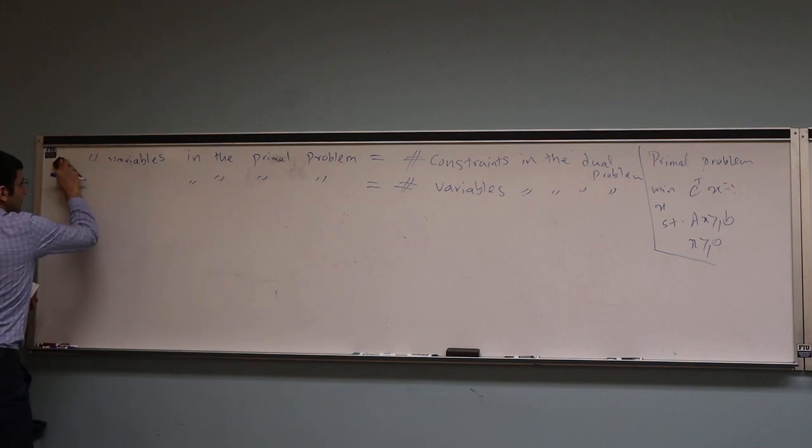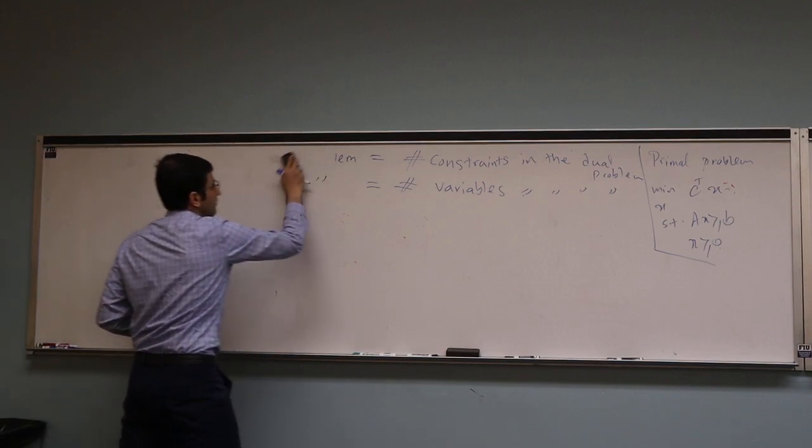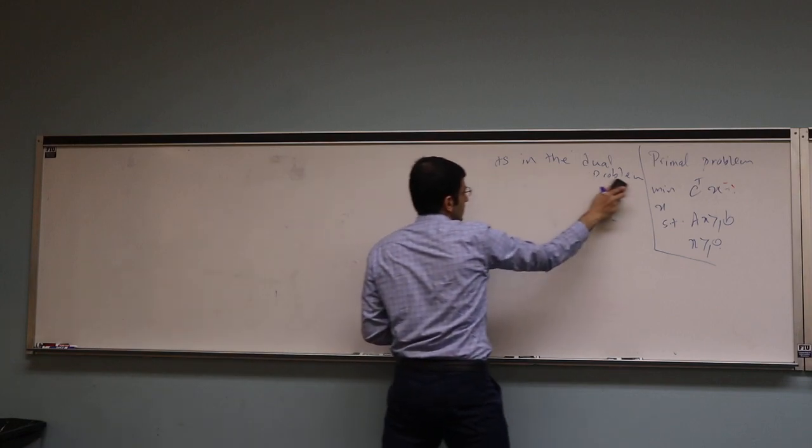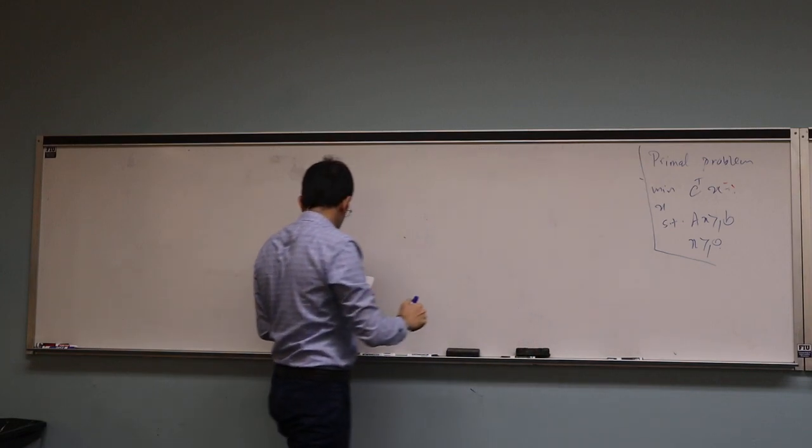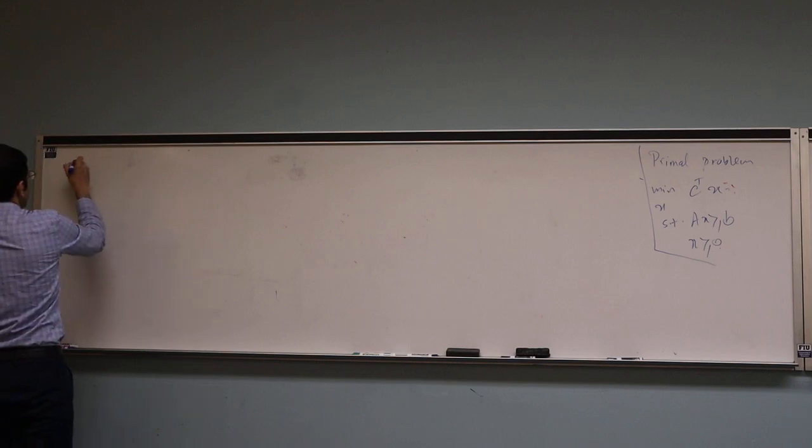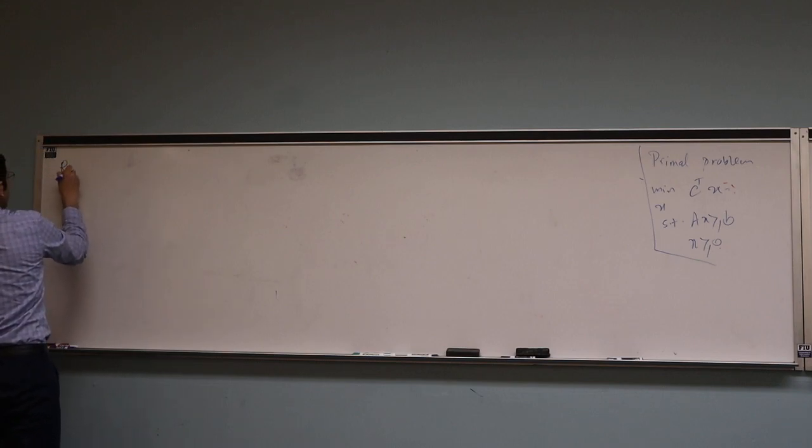Okay, so now there are some rules for each type of constraint or variable in the primal problem. So, rule 1.